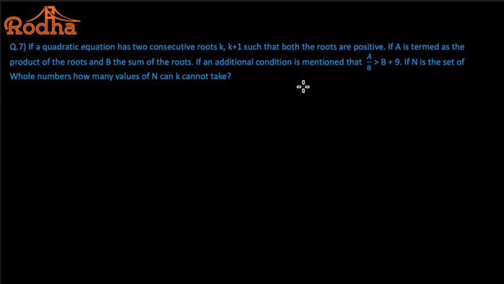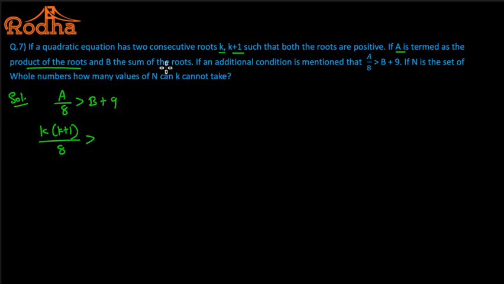See, what you can do here is, it says that A by 8 should be greater than B plus 9. Now what is A here? A is the product of the roots. My roots are k and k plus 1, so I can take A to be k into k plus 1, divided by 8, is greater than B plus 9.